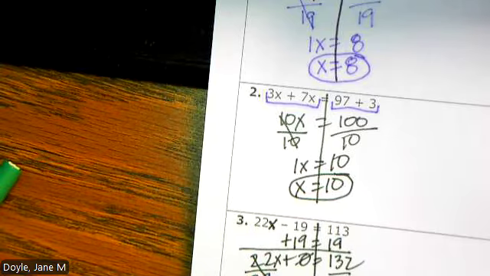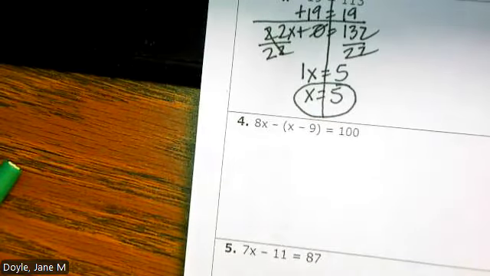All right. We're going to skip 4 for right now. 4 and 9 are the hard problems on this. So we're going to go to 5.